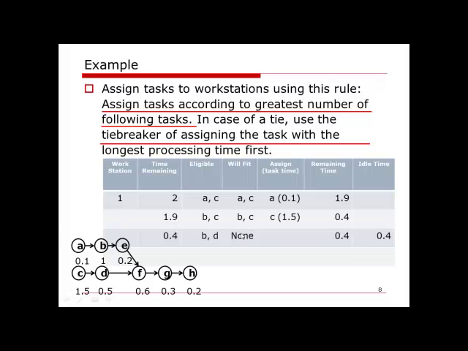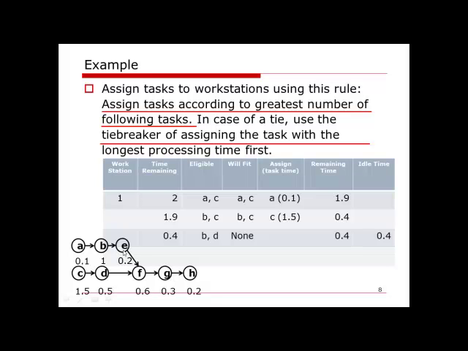Well, some of you may think, oh, I see, there are some other tasks, like task E only takes 0.2 minutes, task G only takes 0.3 minutes. Why can't we just work on these tasks first so we can avoid wasting time here? The problem is all the other tasks are not eligible at this time, which means we cannot work on these tasks yet, since they depend on the finish of other tasks.